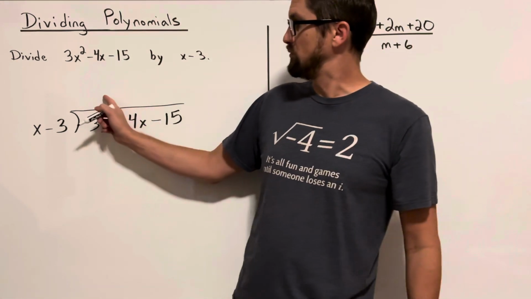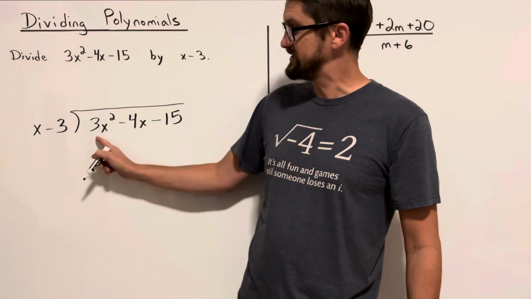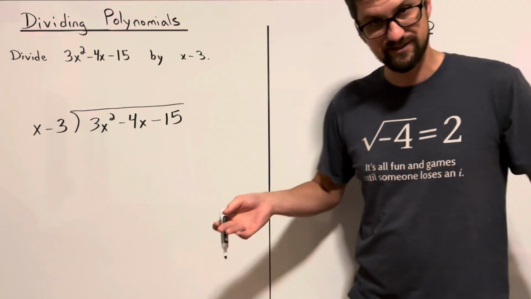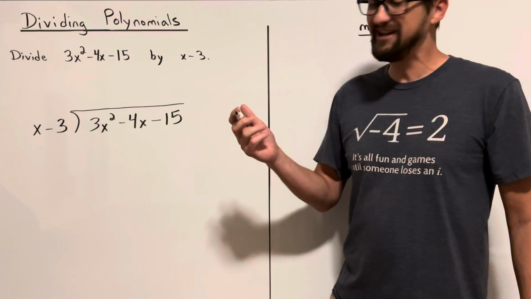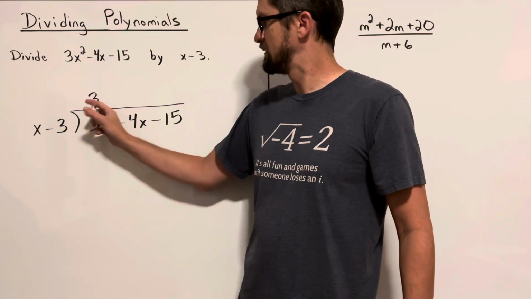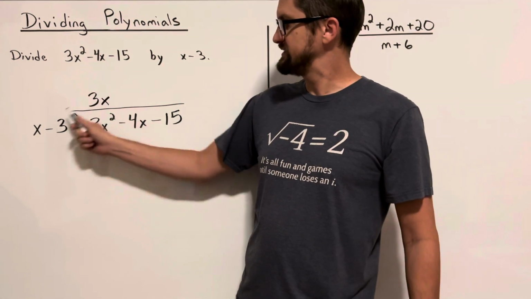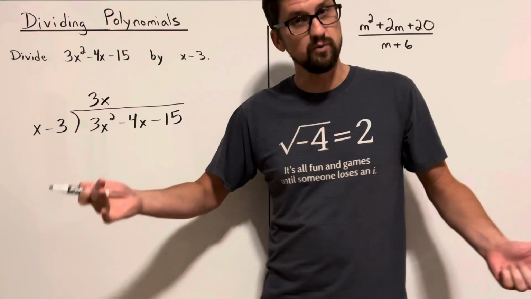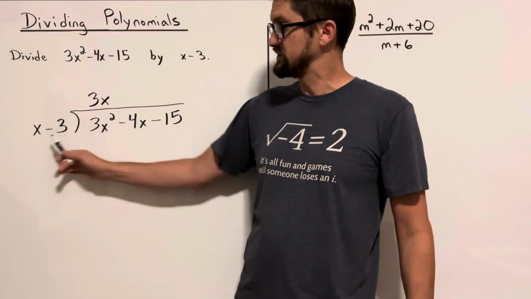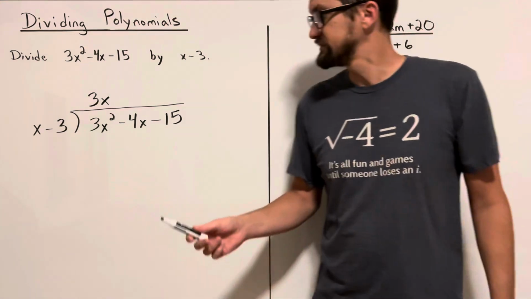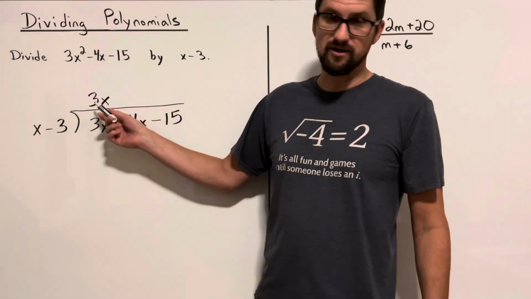You can think of it multiplying x to give this, or take 3x squared and divide by x, and you'll get this piece up here. It's going to be 3x. If I take 3x and multiply by x, I get 3x squared. Or if you do 3x squared divided by x, you will also get 3x. That's going to be the first piece right there.